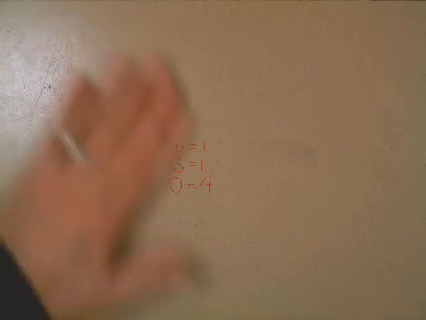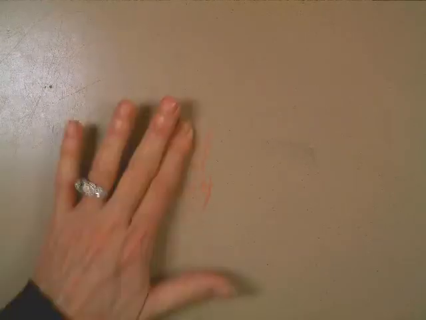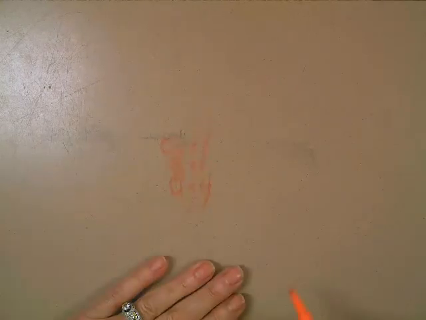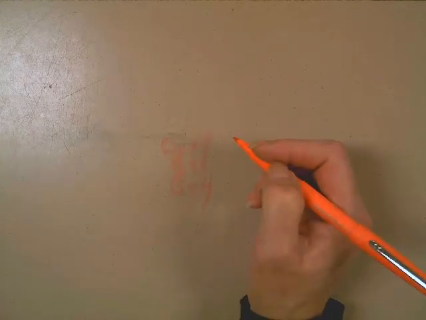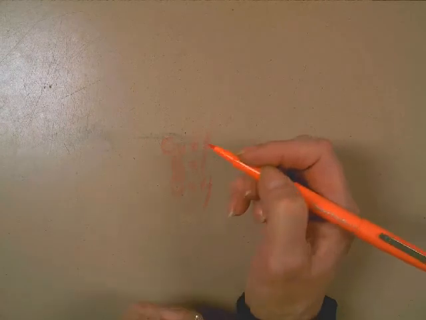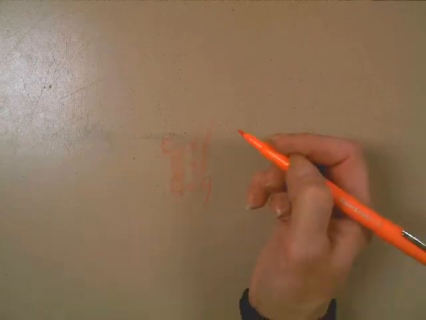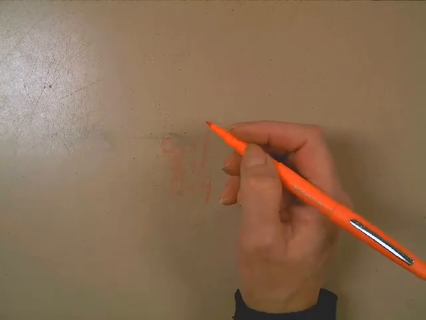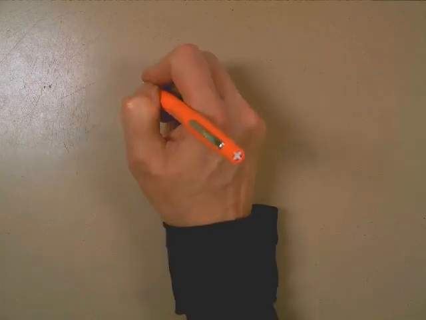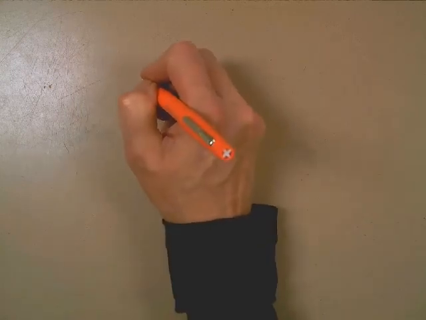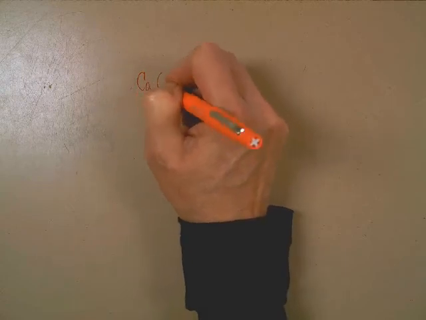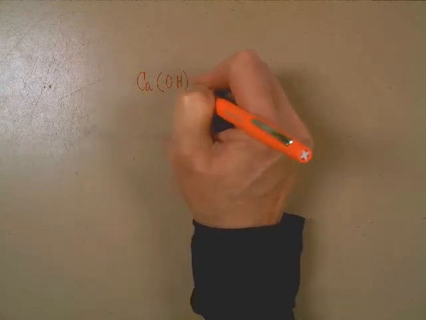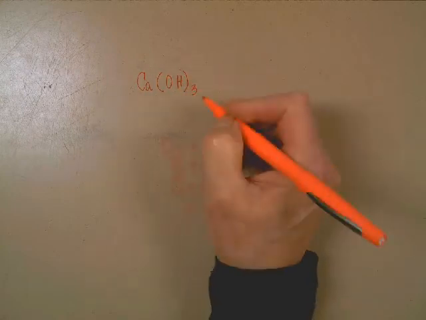Sometimes in rare circumstances, you will see formulas with parentheses, and outside the parentheses there's an additional subscript. So I'm just going to make something up so we can look at one. Let's say we have CaOH3.